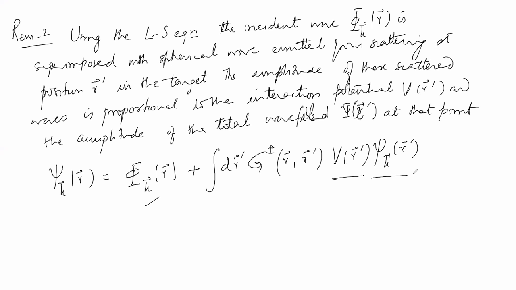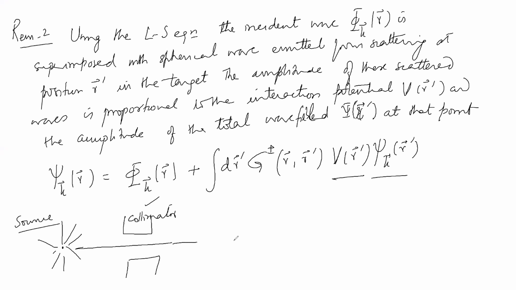Okay, now this I had shown pictorially. This is the source which was generating particles. This was the collimator which was forcing the particles to follow a straight path, and then you had a target, with a region of r prime, where the potential was only active.